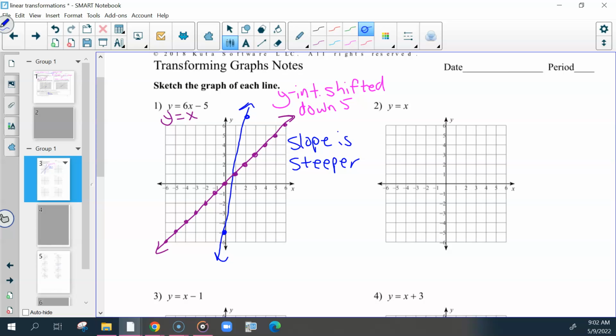For the next one, this is our original, so we're not going to draw it twice. We just draw it once.